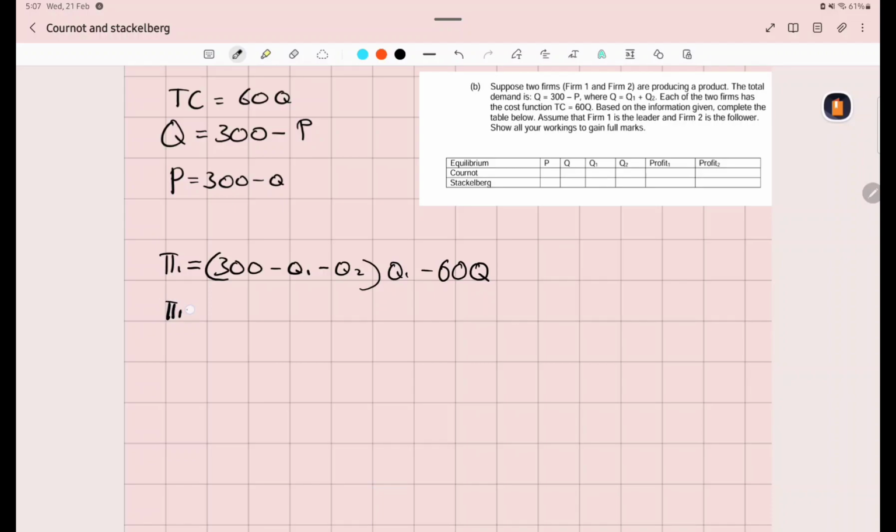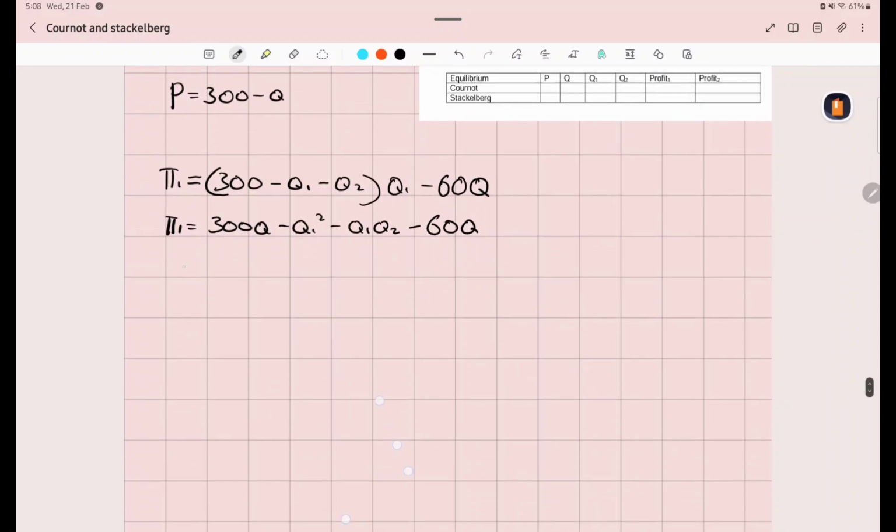And you will get 300Q minus Q1 squared minus 60Q.